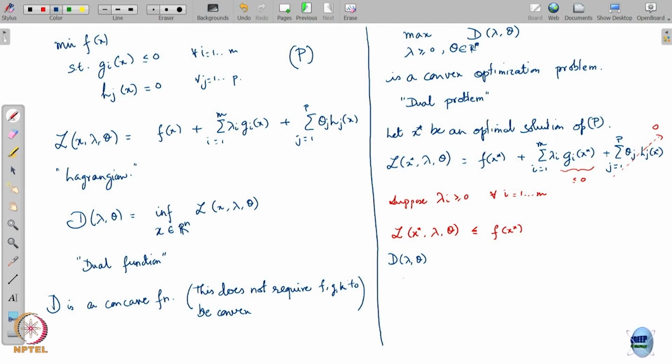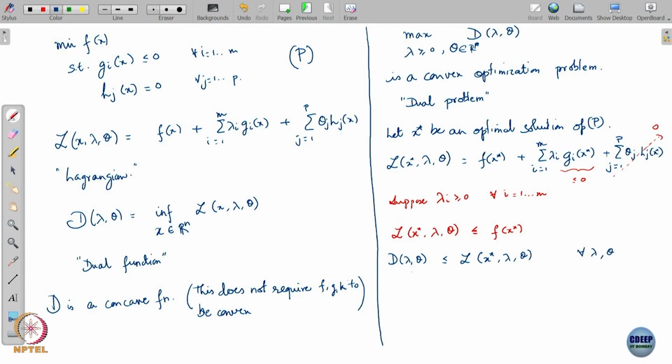So, it follows that d of lambda comma theta is always less than or equal to L of x star comma lambda comma theta, and this holds for all lambda and for all theta. I do not even need to restrict my sign here.